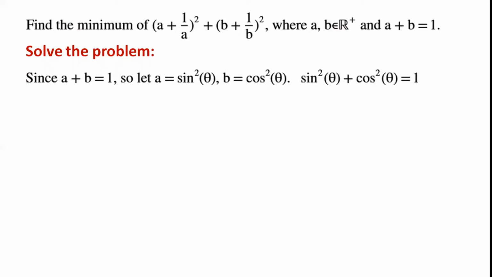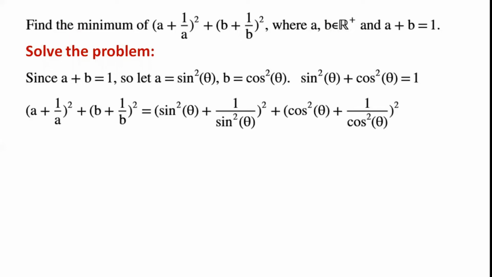We know that sine squared theta plus cosine squared theta equals 1. (a plus 1 over a) all squared plus (b plus 1 over b) all squared can be written as (sine squared theta plus 1 over sine squared theta) all squared plus (cosine squared theta plus 1 over cosine squared theta) all squared.